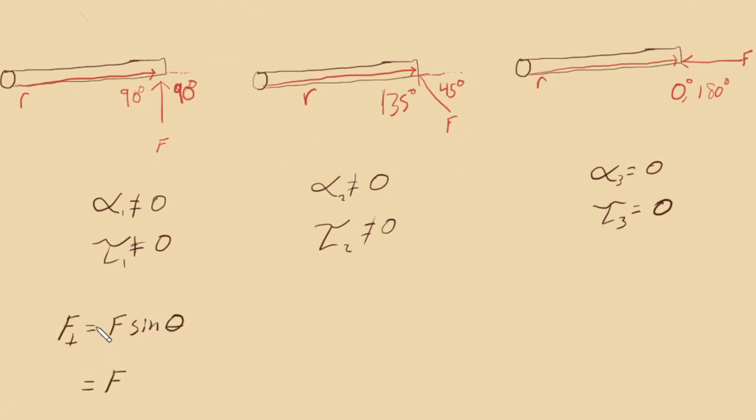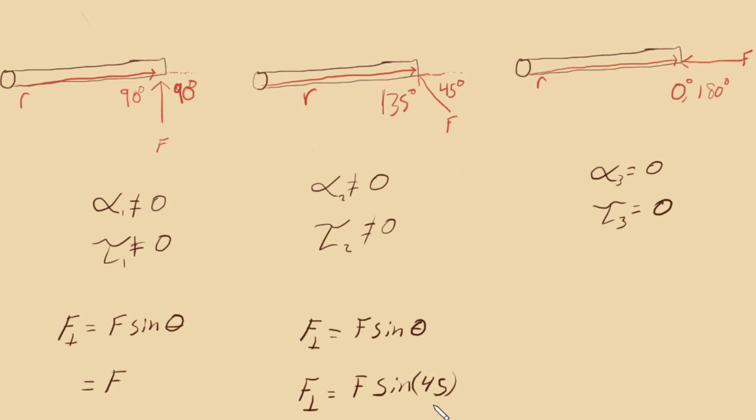So if we look at the perpendicular force, that's what this little upside down T stands for, if you're unaware, we can represent it as F sine theta, and of course the sine of 90 degrees is 1, so we just get a force F. But if we look at the second situation, where we represent it with theta, here we have an angle of 45. We also have an angle of 135.